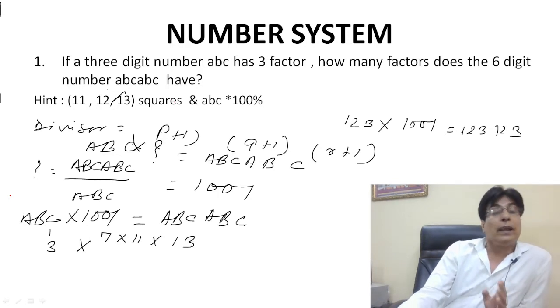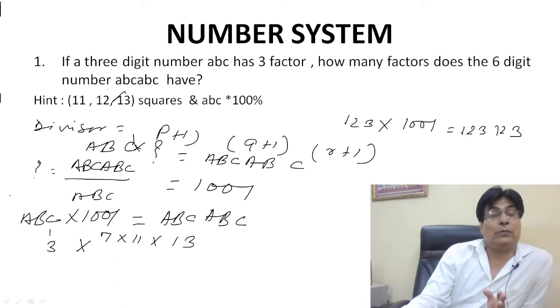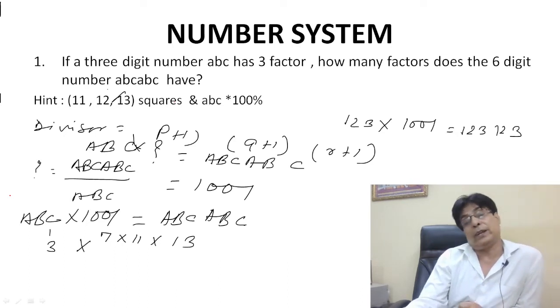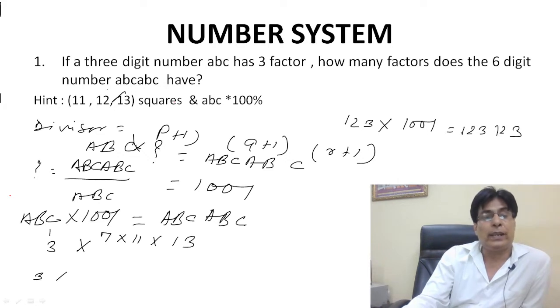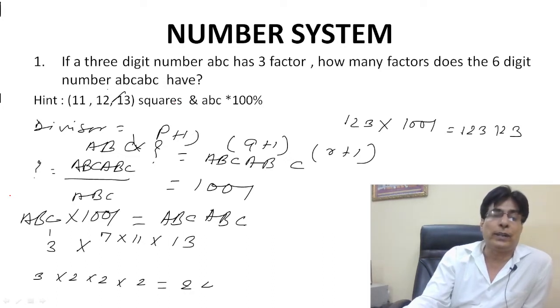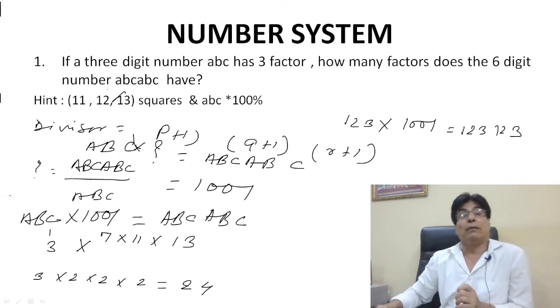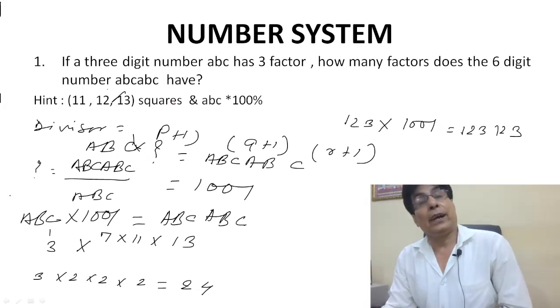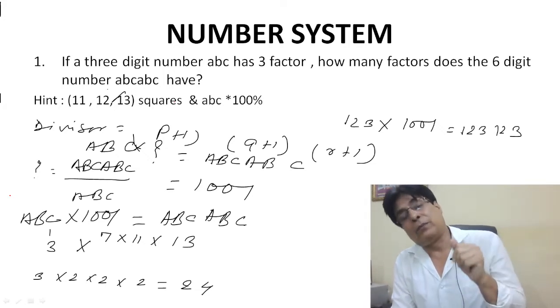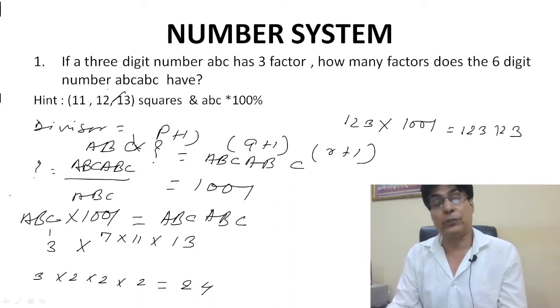Add 1 to the exponents of each prime factor. Here the exponents of 7, 11 and 13 are respectively 1, 1 and 1. Then the total number of divisors is 3 into (1 plus 1) into (1 plus 1) into (1 plus 1), that is 3 into 2 into 2 into 2, equal to 24. So for a 6-digit number ABCABC, where ABC has 3 factors, the number of divisors is 24, and that is your answer.